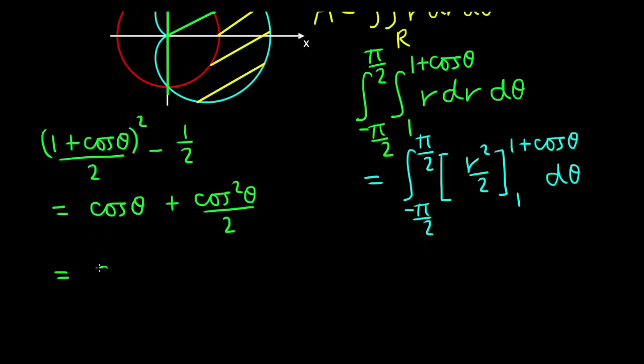And using our double angle trig identity, we have cosine theta plus 1/2 by 1/2 by 1 plus cosine 2 theta.